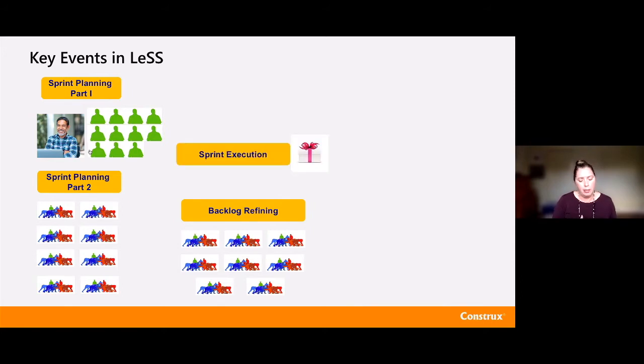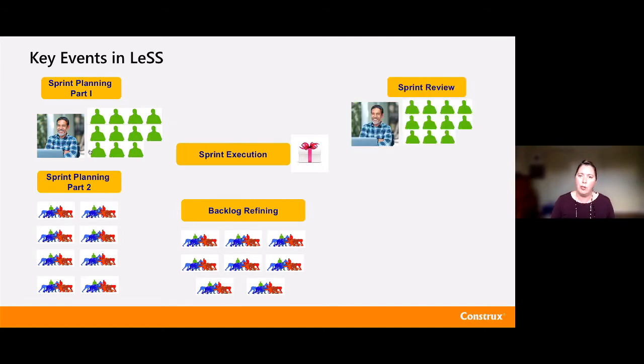Then after we do our sprint, we're going to deliver an integrated product. The integrated work across all of those teams together is the final deliverable, and we're going to do a sprint review. Again, this can vary a little bit. It could be everybody participating in the sprint review, but often it's a sprint review with representatives from the team, the product owner, and then interested stakeholders, users, sponsors, the people who can give us feedback.